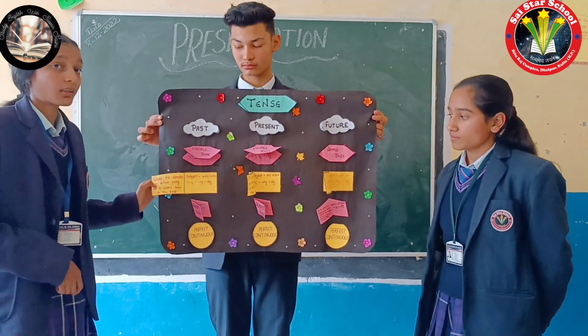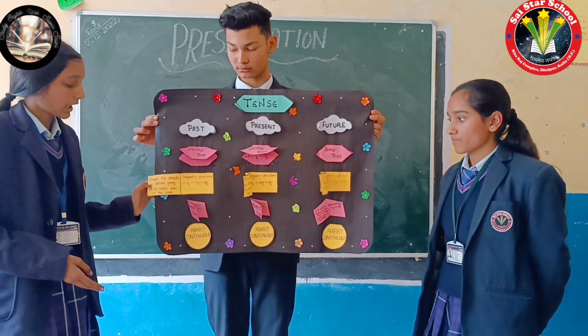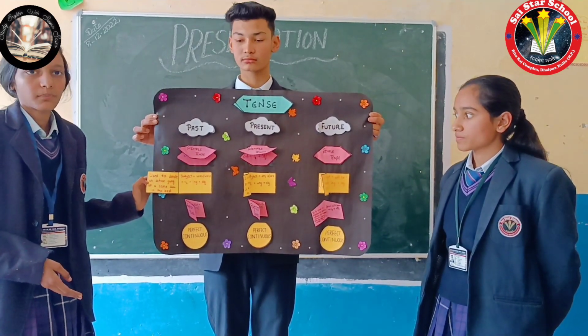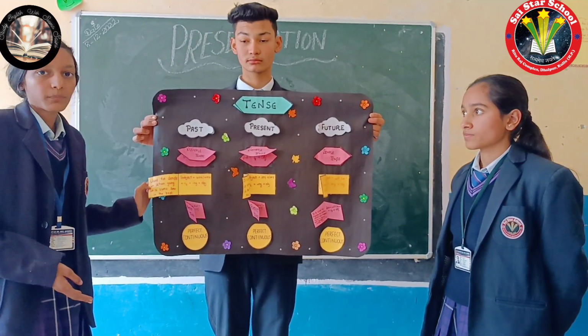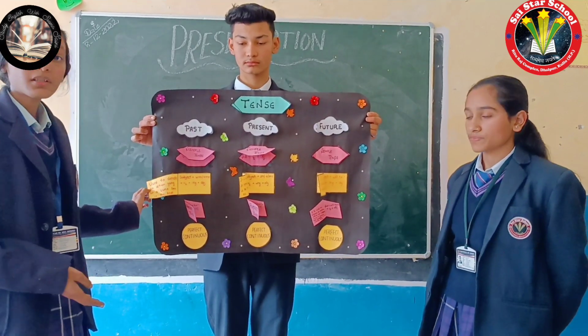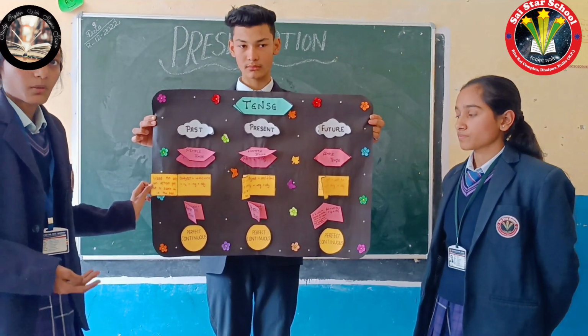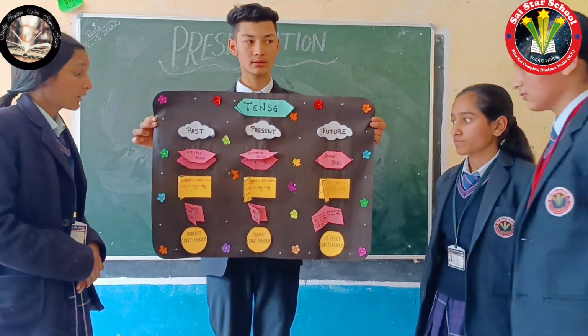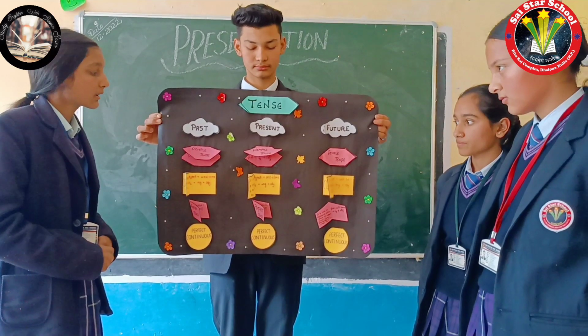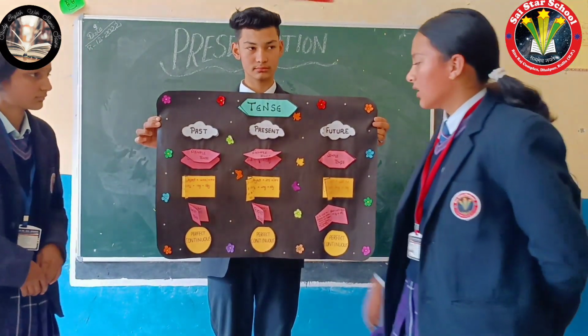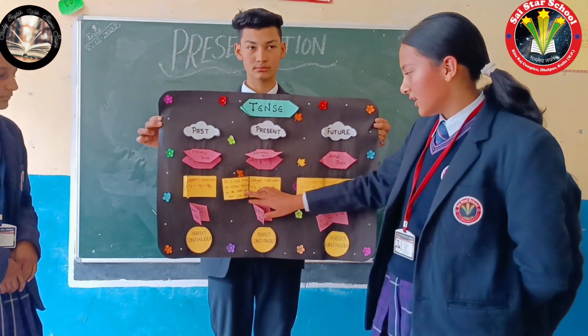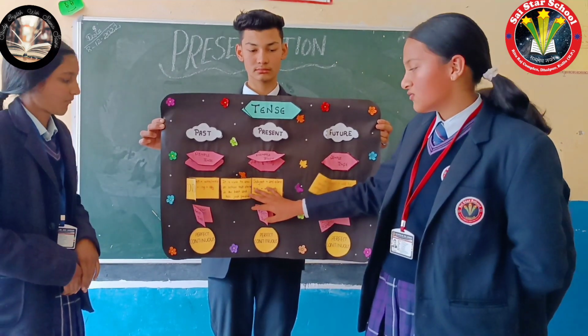Continuous tense is used to denote an action going on at the same time in the past. And the formula of past continuous tense is subject plus was/were plus verb 1 plus ing plus object. Now, Sheetal, can you tell us what is present continuous tense? It is used to show an action that started in the past and has just finished.